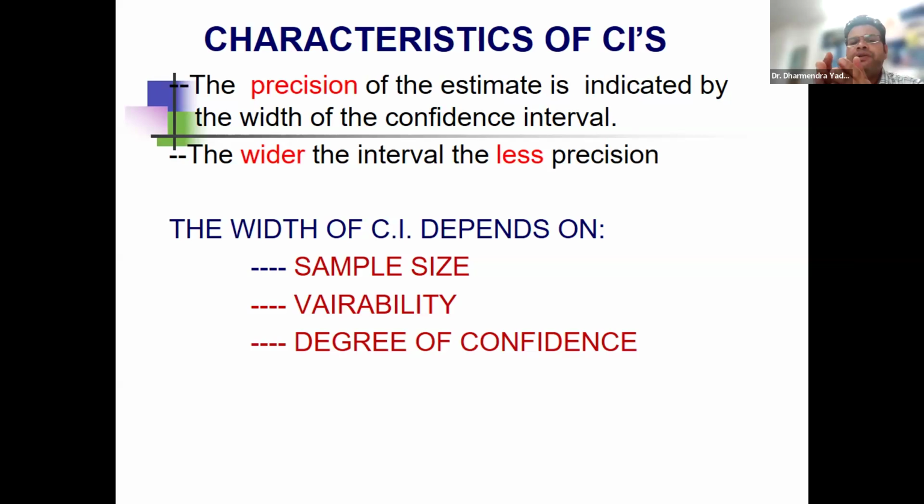So the wider the interval, the less the precision. If we say the height will lie from 150 to 160, that is one case, and in another case it is 155 to 158. The wider the interval, the less the precision. Now the width of the confidence interval depends on sample size.